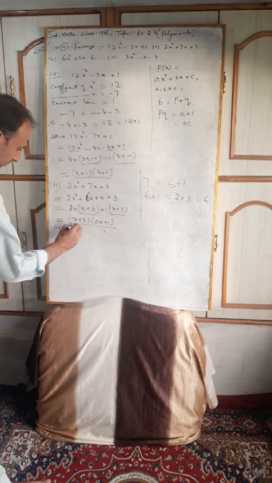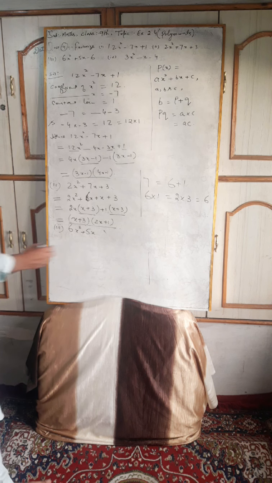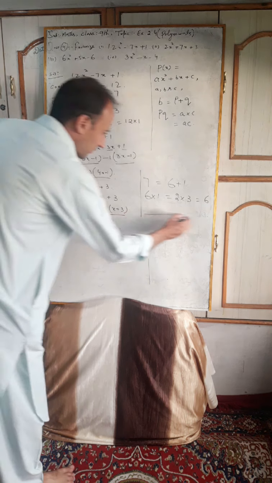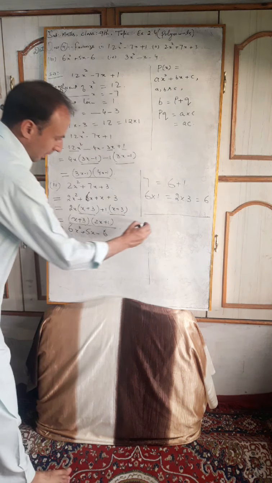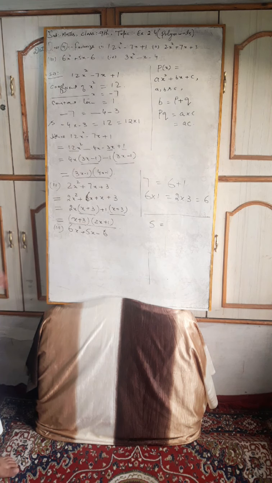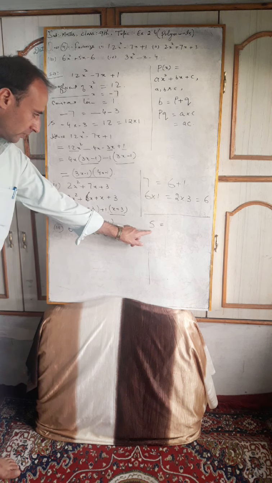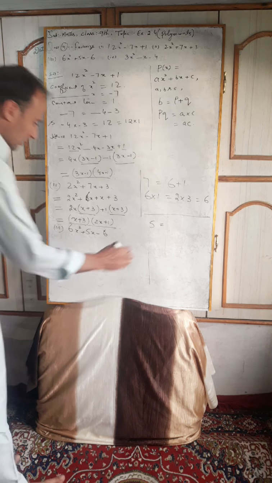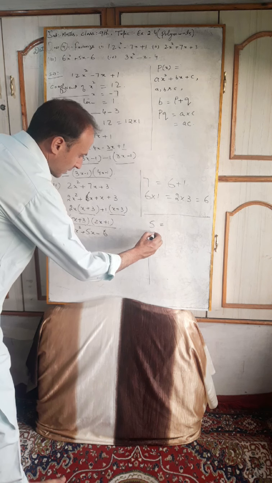The third part is 6x square plus 5x minus 6. Here the coefficient of x square is 6, the coefficient of x is 5, and the constant term is minus 6. The coefficient of x, that is 5, is to be broken in such a way so that the sum of the numbers will be equal to 5, and the product should be equal to 6 into minus 6, that is minus 36.